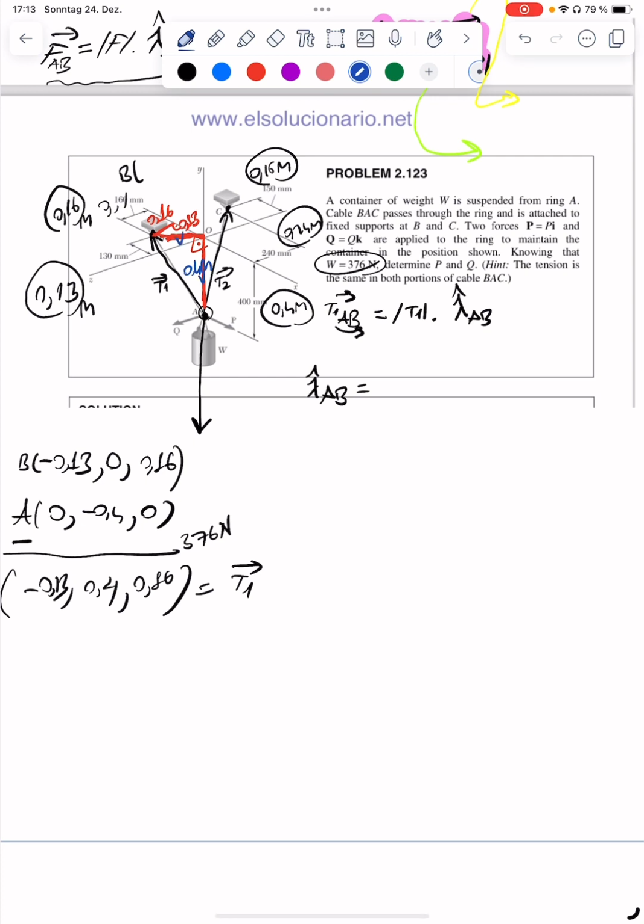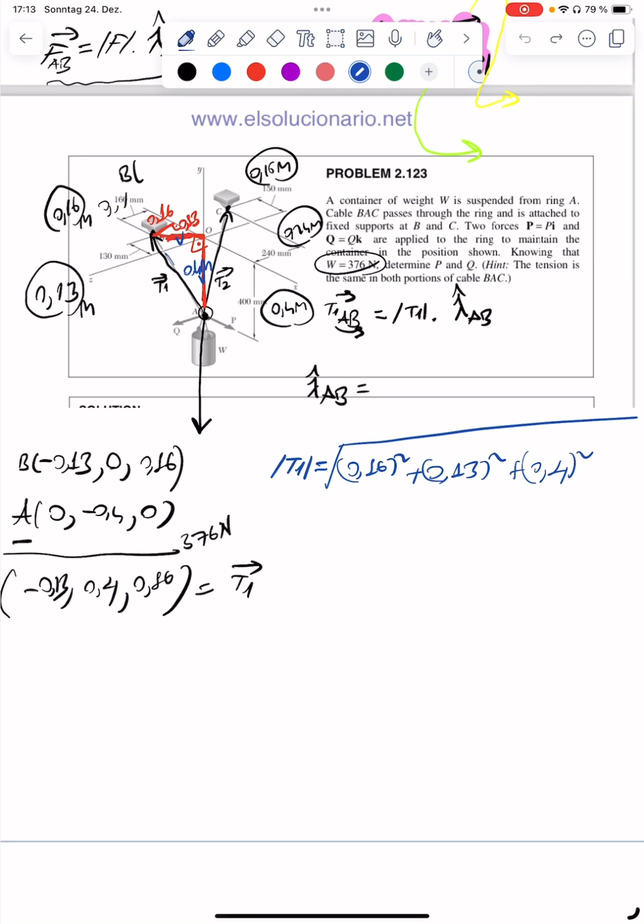So we know this, and we can find the distance from A to B. I can write T1 distance: the square root of 0.16 squared plus 0.13 squared plus 0.4 squared.